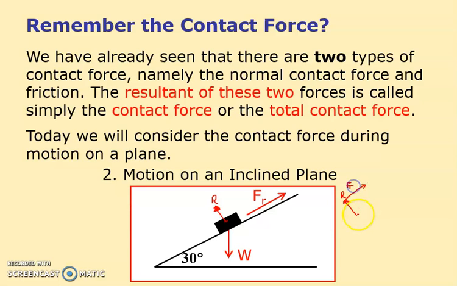One force followed by another gives me an overall force, which is the contact force there. And I suppose the key here is that we can use Pythagoras. C squared equals R squared plus friction squared. Or put a different way, C is the square root of R squared plus F squared. So once you know these two, you can get the contact force by doing a bit of Pythagoras.